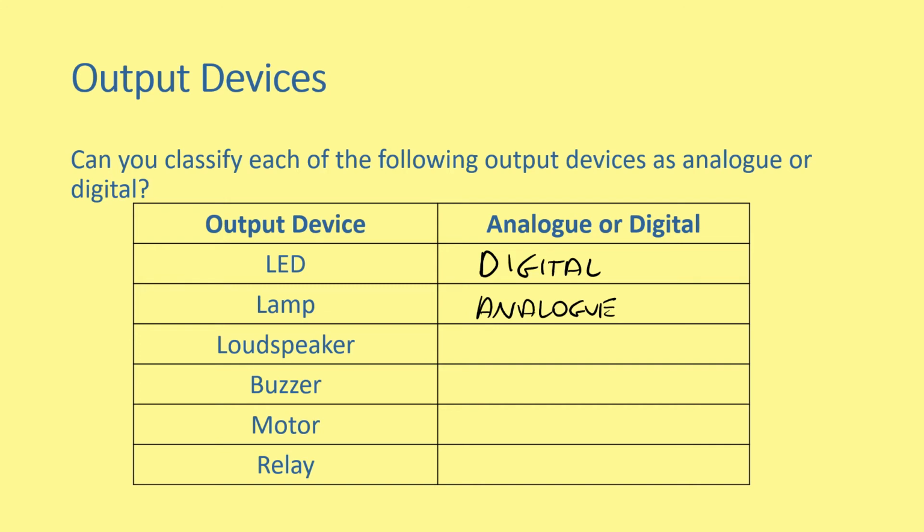Loudspeaker, well, it'd be very boring if we just had one tone, so that's going to be analog as well. A buzzer is either on or off, so that's digital. Motors can be fast or slow, so your motor is also going to be analog. But your relay is either on or off, so that's digital.